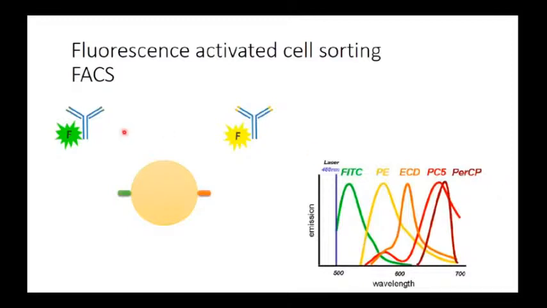So if I use two different fluorophores, then I can study two different proteins. For example, this fluorophore emits green light, and this fluorophore emits yellow light. So they are different wavelengths.